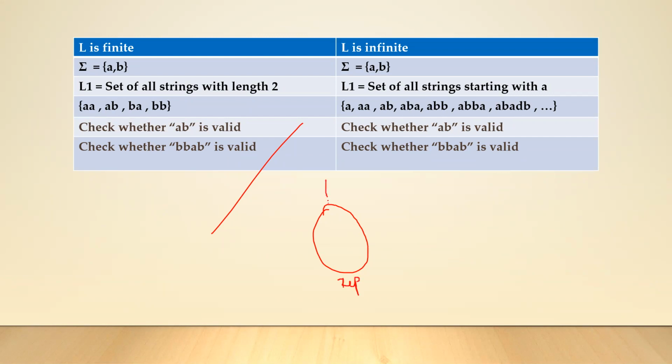I have a language which has all the possible strings. I will give a particular input, let's say an input called IP. I should be able to tell whether it is valid or not valid. This particular representation, you call it a finite automata.